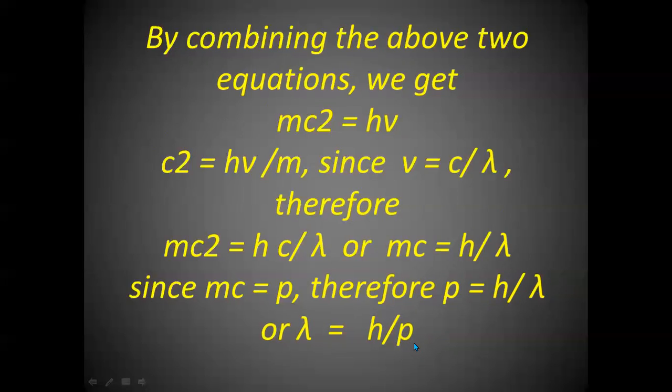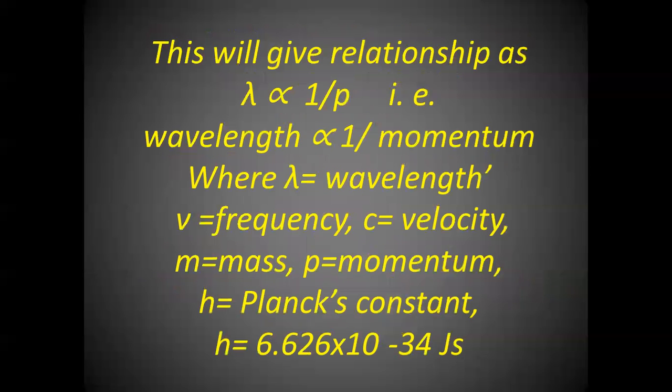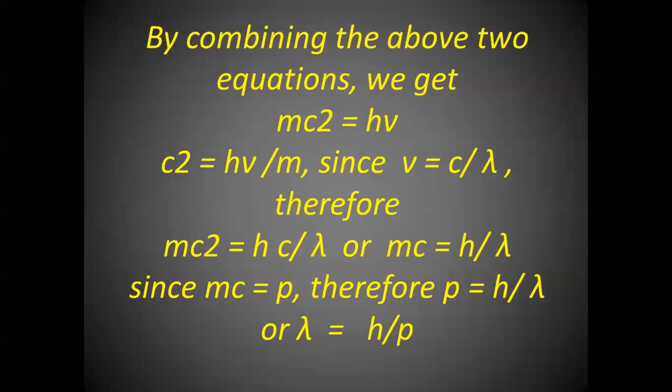This is called de Broglie's equation. Lambda is equal to h by p, or wavelength is equal to Planck's constant divided by momentum, or we can also write it as lambda is equal to h by mc. In either way you can write, where lambda is wavelength, h is Planck's constant, and p is momentum, which is nothing but the product of mass and velocity.